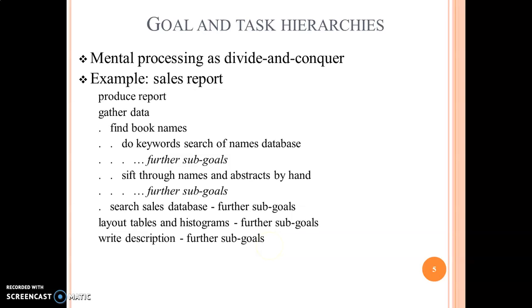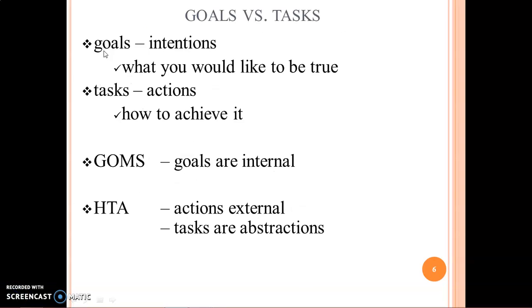We can say there is a hierarchy of goals and sub-goals. The example can be laid out to expose this typical structure. As we can see, different goals and sub-goals. The goals are further divided into the sub-goals.